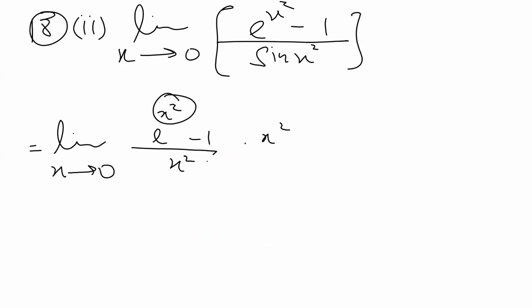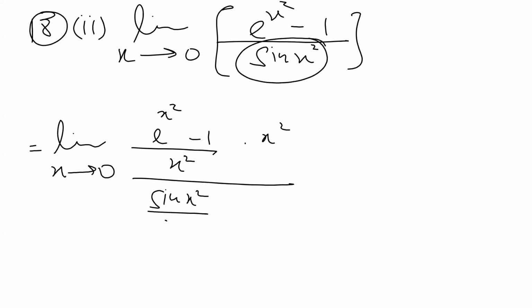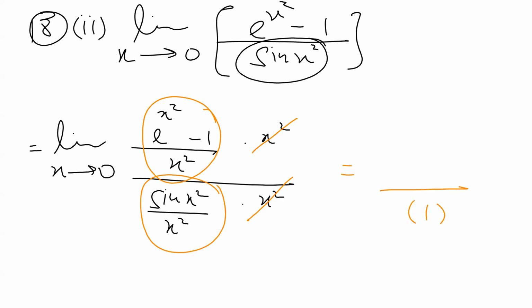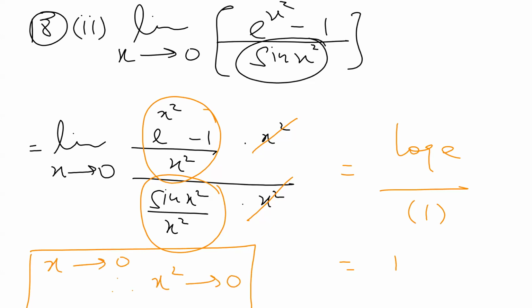Multiply and divide with x square. Denominator, multiply and divide with x square. This and this is 1. This is getting cancelled. Down it is 1 and up it is, sorry, it is not 1, it is log e. As per the formula, (a^x - 1) upon x is log a. So this is 1. X approaches 0, therefore x square will also approach 0.